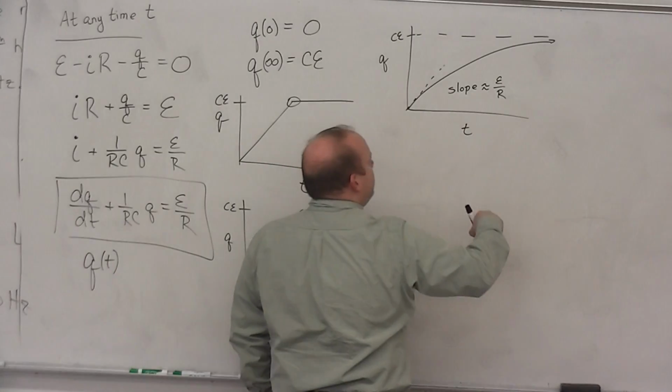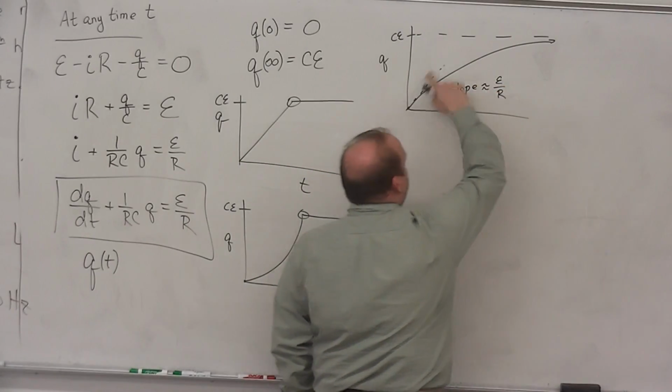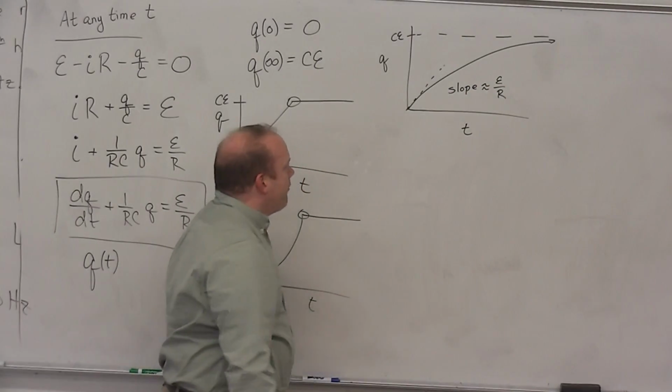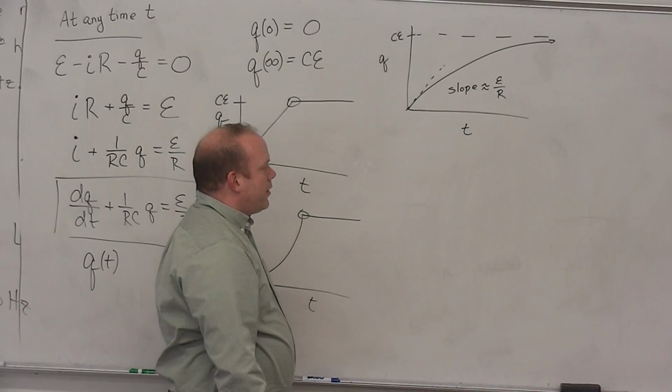But anyway, that's only for initially here. That doesn't count for up here because the slope definitely changes. But early on, that slope should look like E over R.